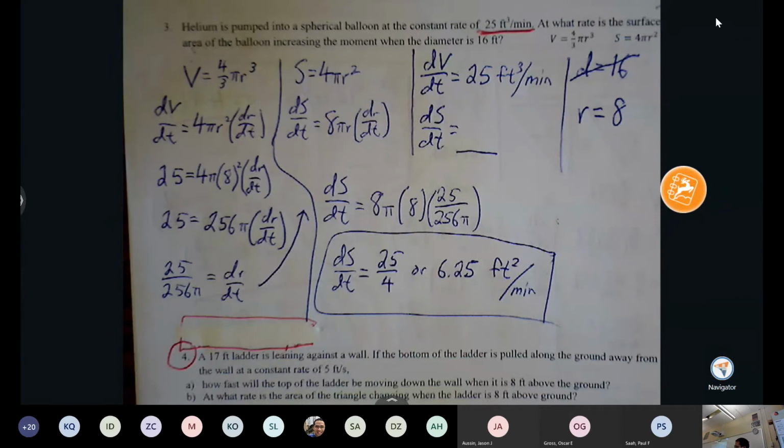Okay, all right, let's do number 4. Number 4 is similar. It's virtually the same as the ladder problem that we saw before. It's just different numbers. So let's see if we can practice through the steps here.